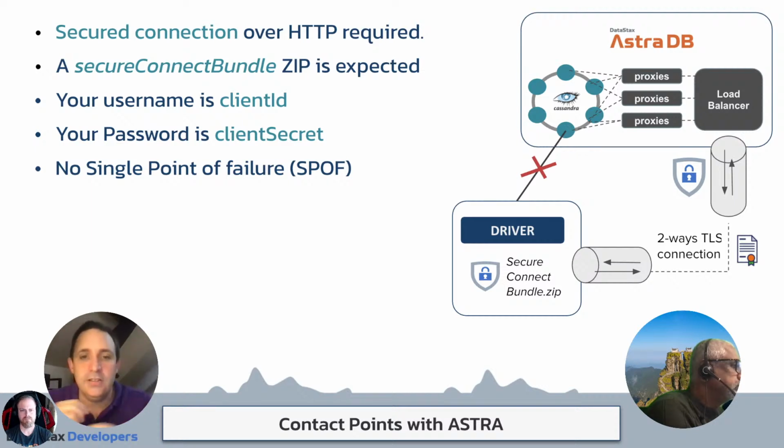So in the hands-on, we will not provide a contact point with IP and port. We will provide the credentials, user and password, a cloud secure bundle, and the keyspace. In Astra, the username is your client ID when you generate a token, and your password is the client secret.